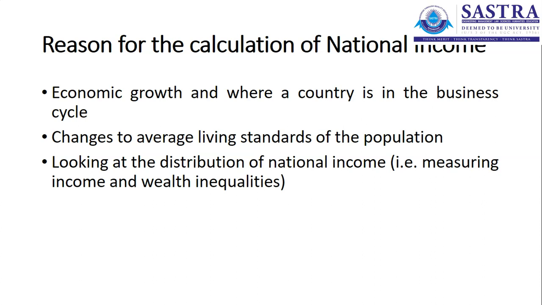Looking at the distribution of national income, it measures income and wealth inequalities. Depending on the kind of economic system followed by the country, they can distribute the income accordingly. It differs between a pure market economy and a mixed economy, like capitalism, nationalism or socialism.